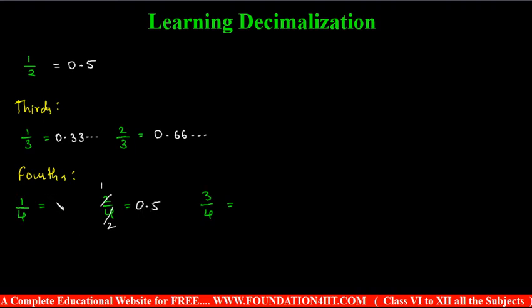And 1 by 4 is 1 fourth, so 0.25. Out of 100, 1 fourth is 25, right? So 1 fourth is 0.25, and 3 fourths is 0.75. You can notice 0.5 means you can imagine 50, 0.25, 50, 75, like this.